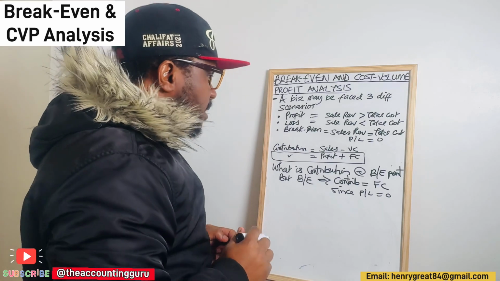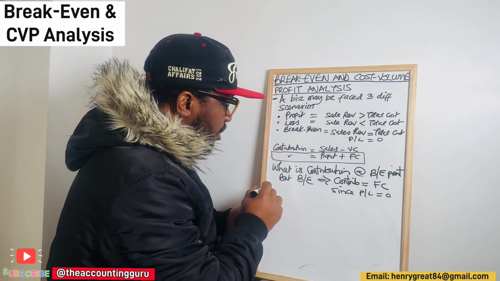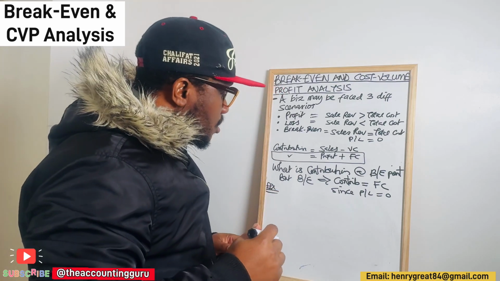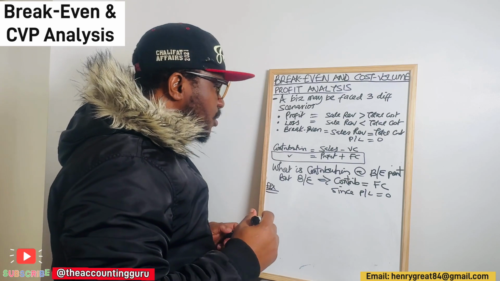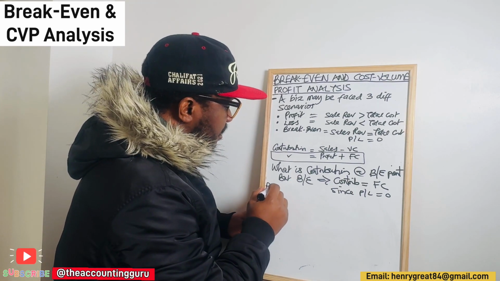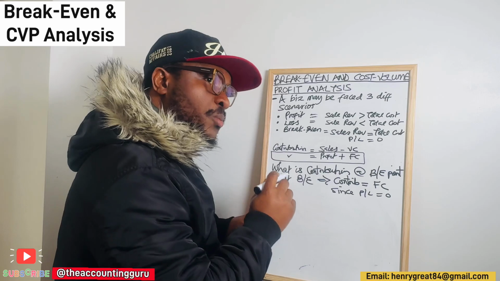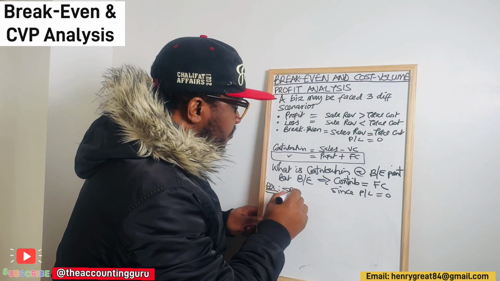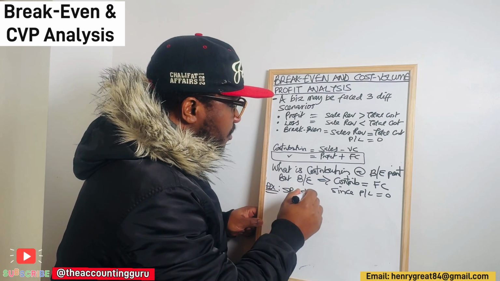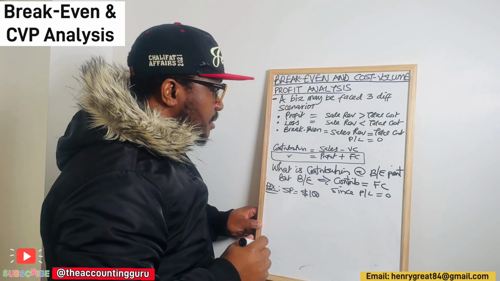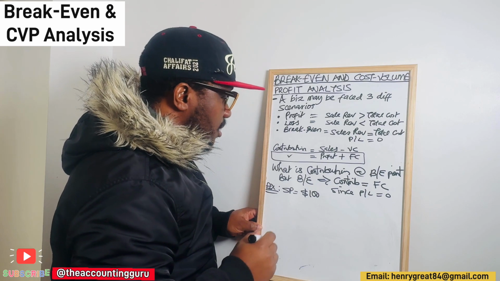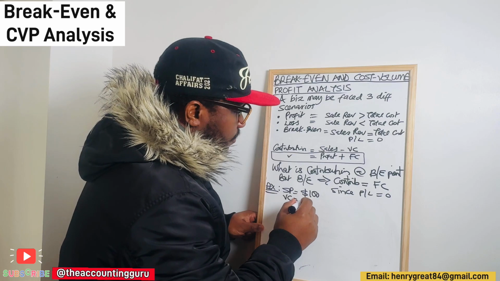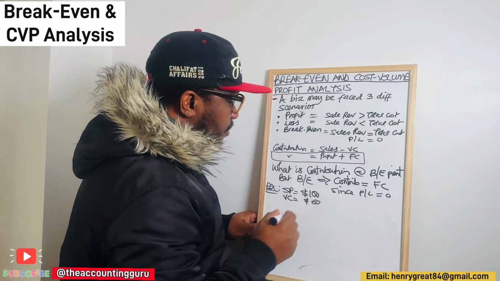So let's take it from here. Let's say an example is this. A business vendor operates at a point where the selling price is $100, while the variable cost is say $60.